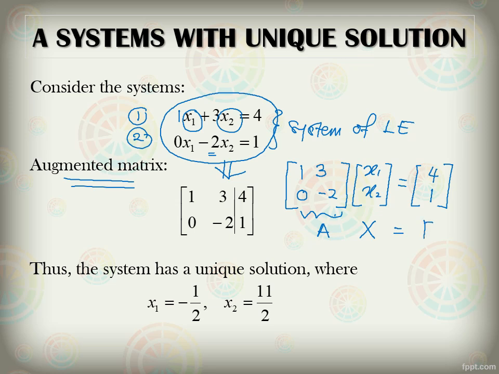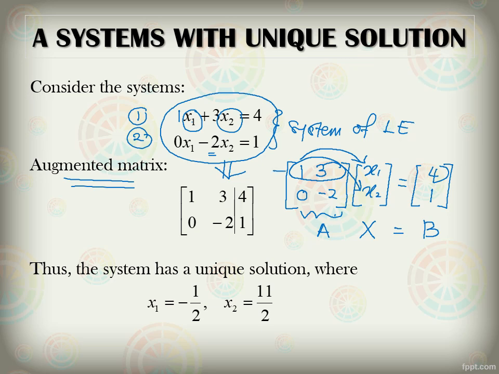This is the B. Okay, equal to B. Alright, this means we multiply matrix A with the X, it will be equal to B. Alright, so when we follow this, 1 multiply with x1, you get x1, plus 3 times x2, you get 3x2, equal 4, because you are multiplying A with X, and this is the first row.